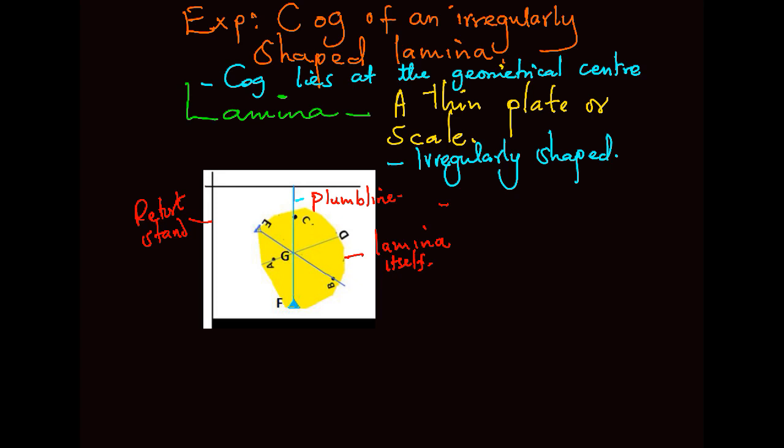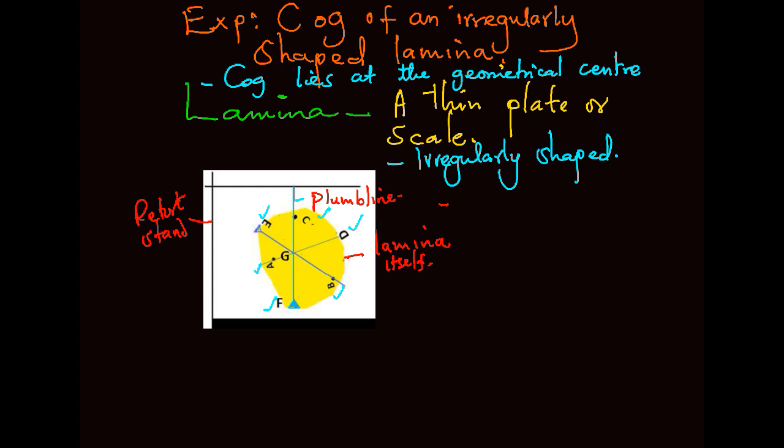The lamina is suspended as shown here, and a number of holes A, B, C, D, E, F are made on the edges of the lamina.